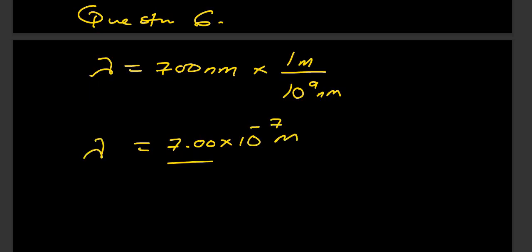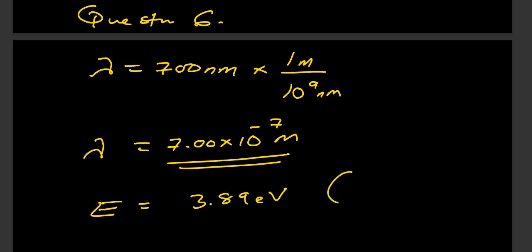I hope this is okay. Then from here they're saying the total energy used to remove it was given in electron volts, that's 3.89 electron volts. They already told us that 1 electron volt is equal to 1.6 by 10 to the power negative 19 joules.